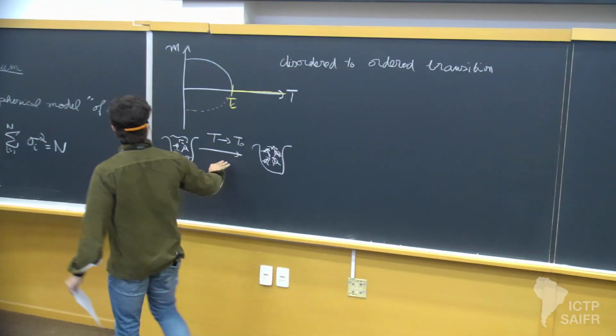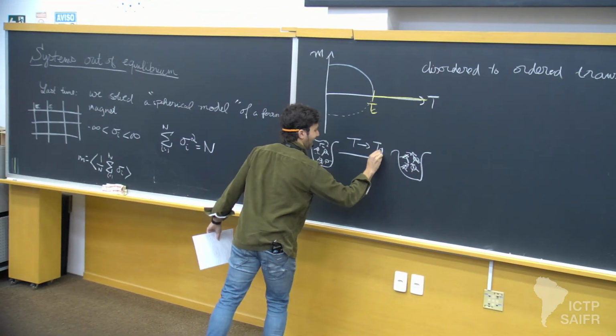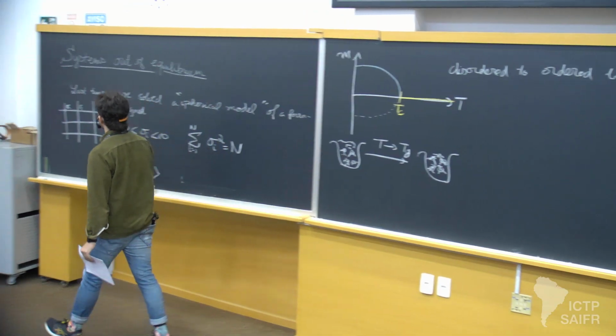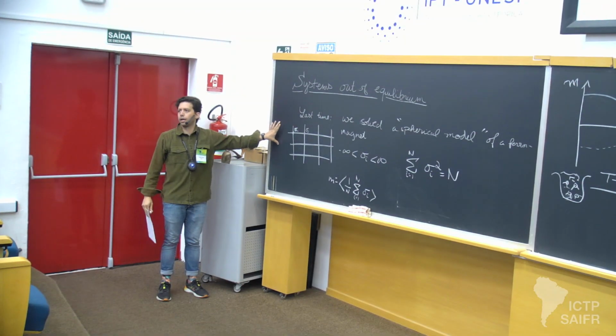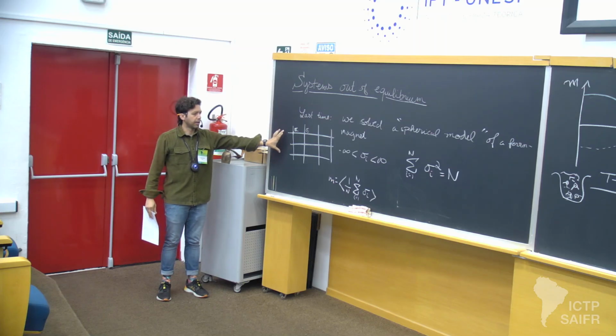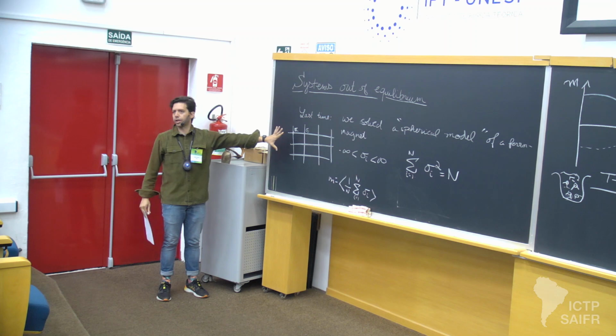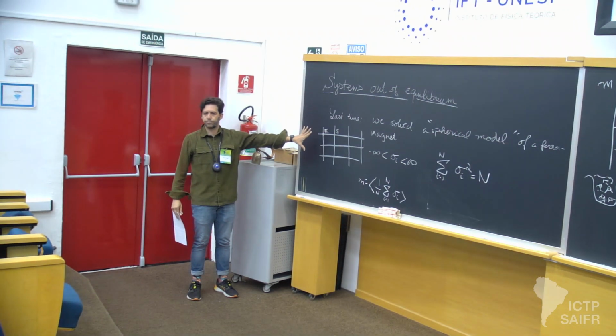So we want to model this kind of transition. This should be T glass. We want to model this kind of transition, but sticking with a set of spins on a lattice, like the way that we modeled the ferromagnetic transition.